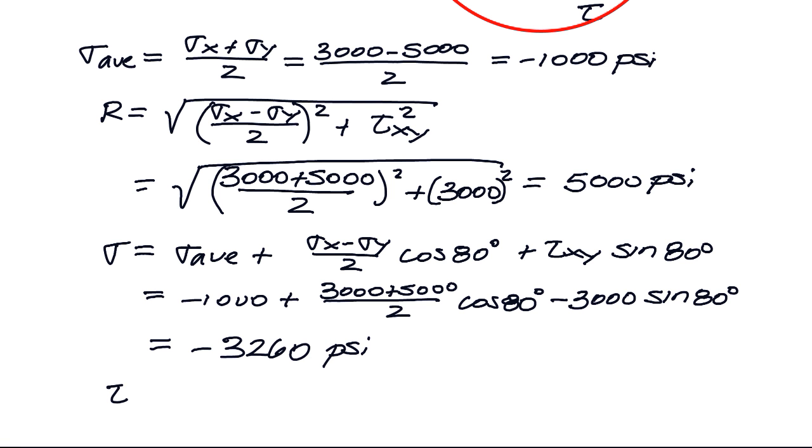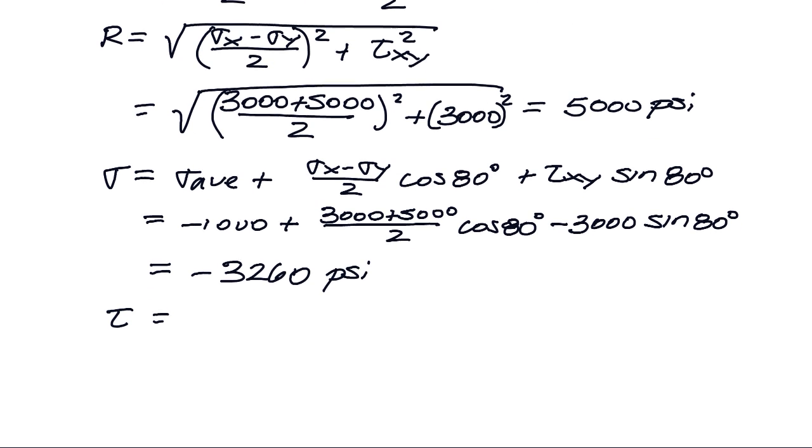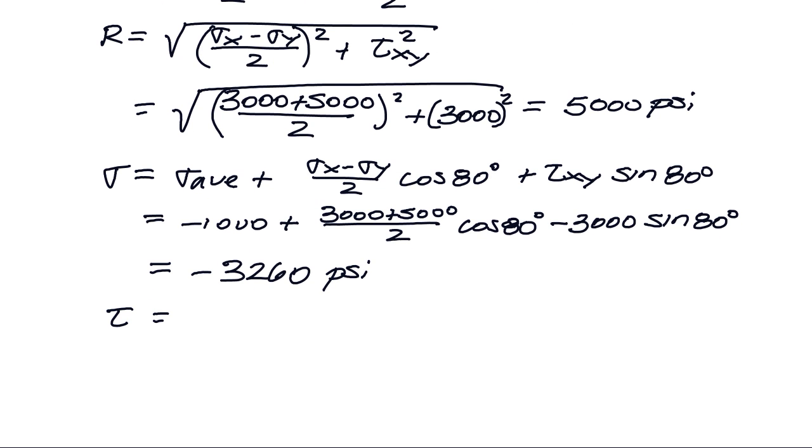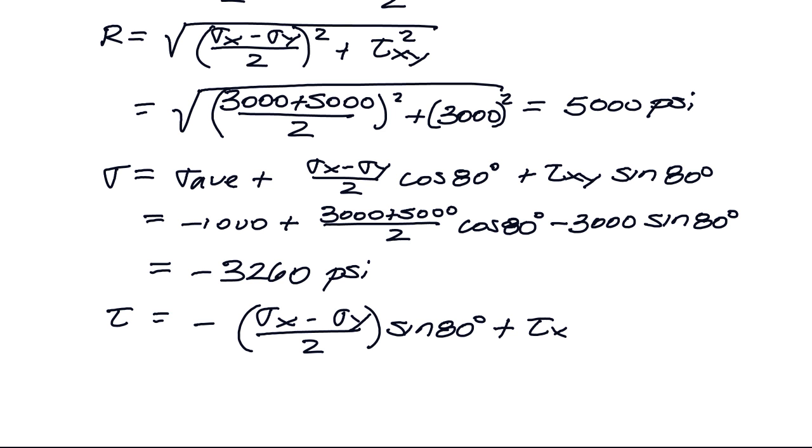The value of tau on that face after the 40-degree rotation is, according to our stress transformation equations, minus the quantity sigma x minus sigma y divided by 2, sine of 80 degrees, plus tau xy, cosine of 80.